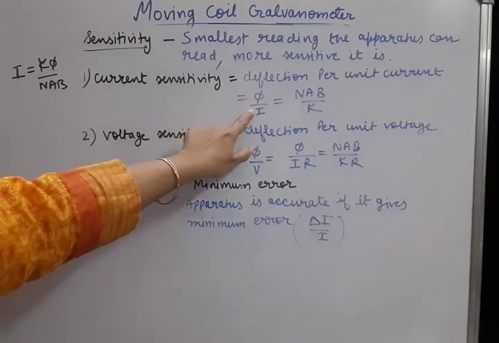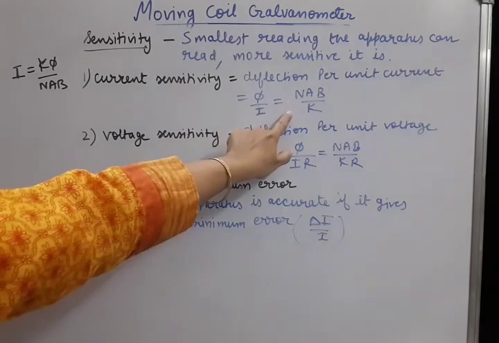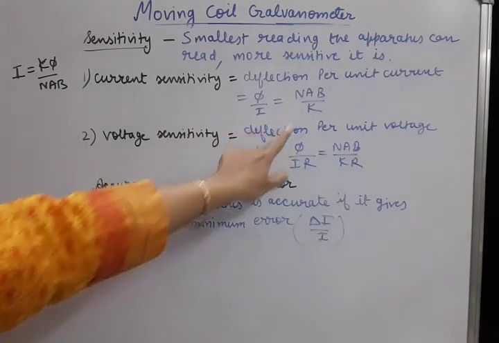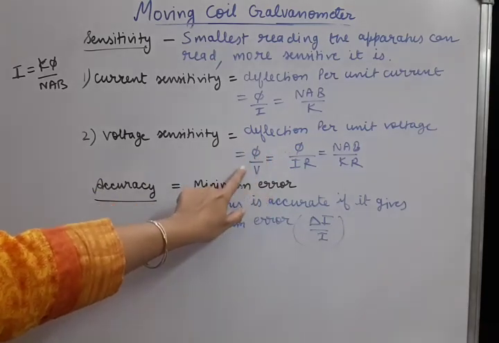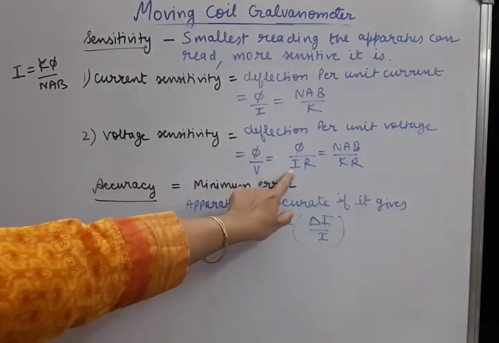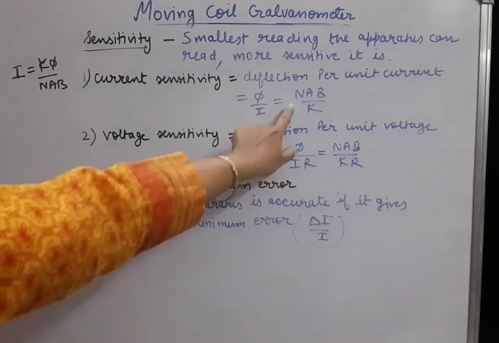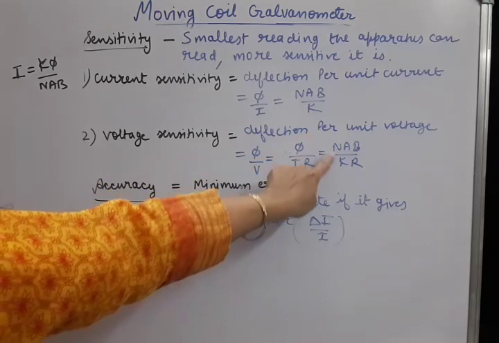That's why phi upon I is NAB upon K. And voltage sensitivity phi upon V: V means IR, and the phi by I value we already have, NAB upon K, only this R is extra.